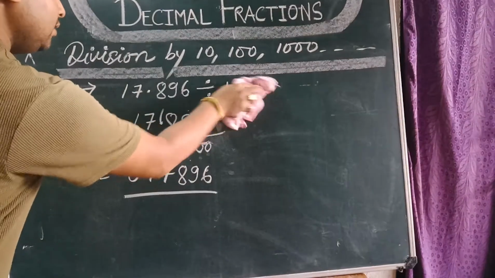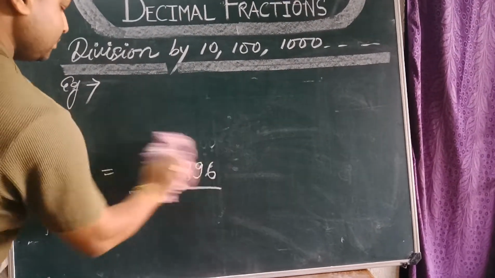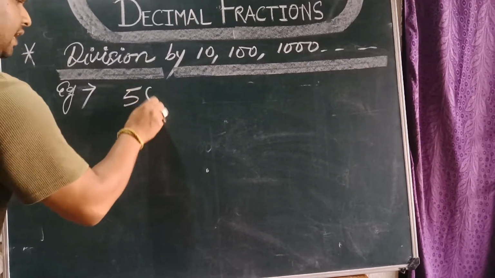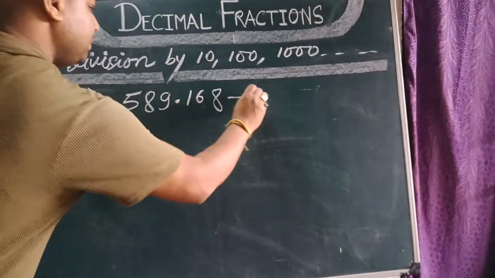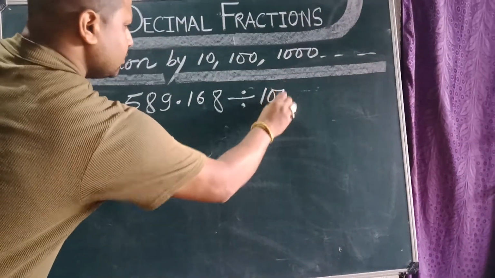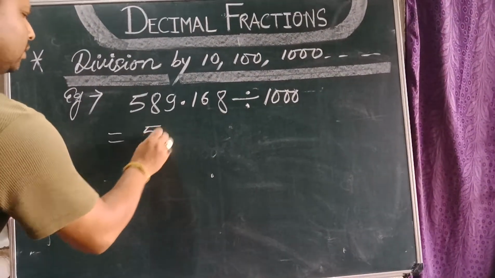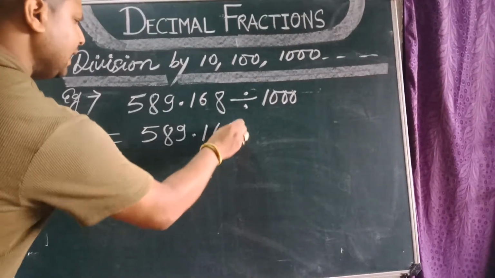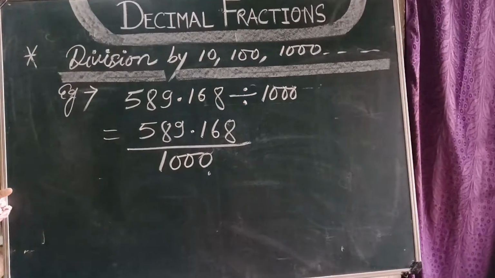Suppose I take another number, 589.168, divided by 1000. So it will be 589.168 divided by 1000.